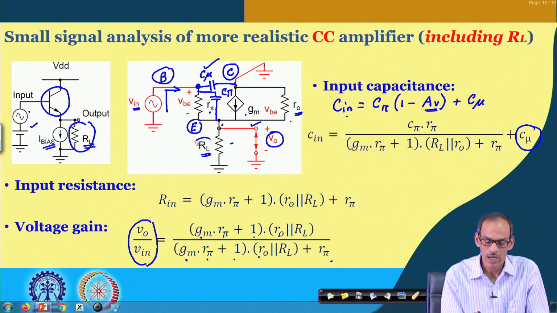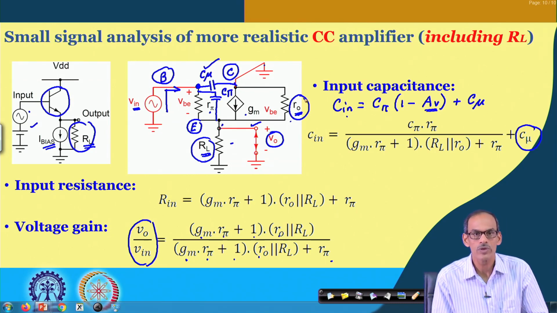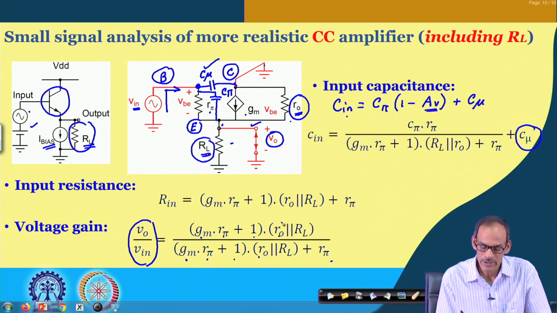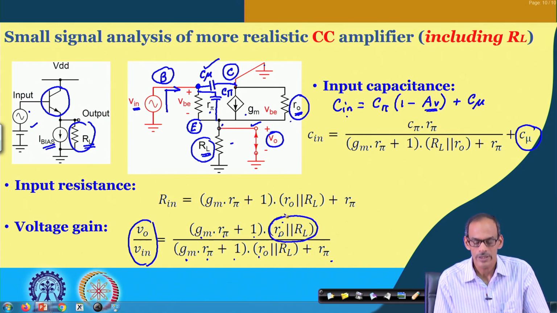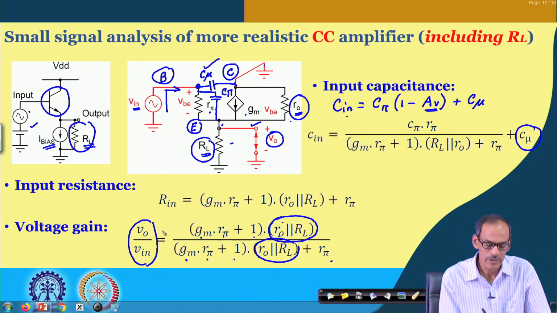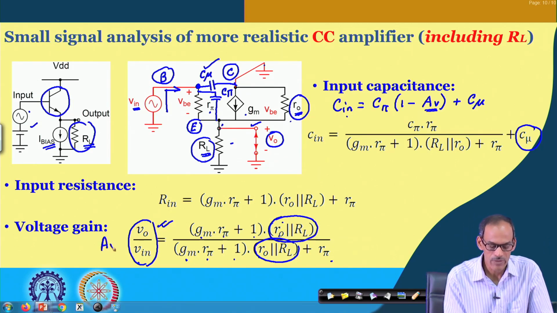Now, if we consider this RL, which is essentially coming in parallel with R naught, then the derivation we have done before can be utilized just by replacing R naught with R naught and RL in parallel. Wherever we have R naught in our previous derivation, if we replace it by R naught in parallel with RL, we get the corresponding voltage gain, AV.